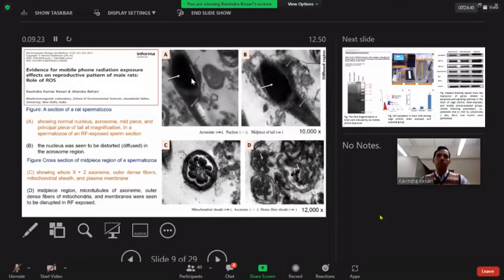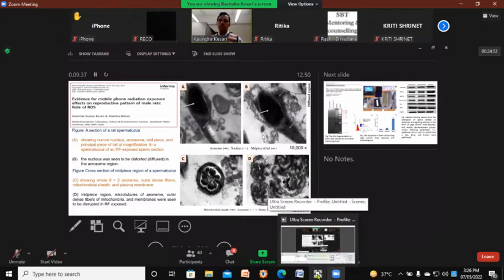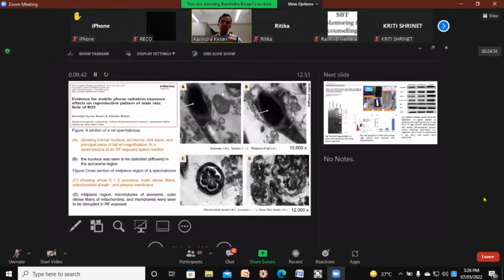And then we did a TEM, transmission electron microscopy study. We took sperm from animals, Wistar rat sperm, and took the images in TEM. A is the control and B is the exposed one, so you can see the clear difference between control and exposed. A and C are the control, and B and D are the exposed samples with cell phone exposure.